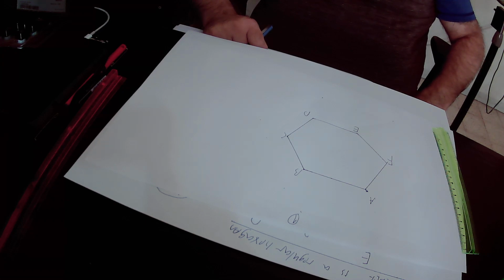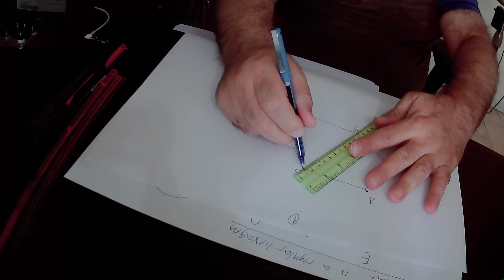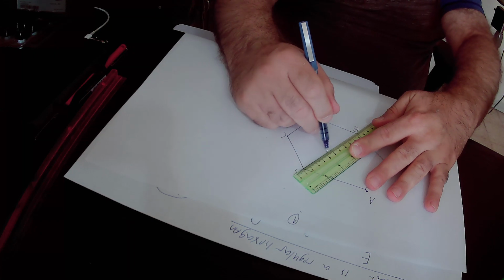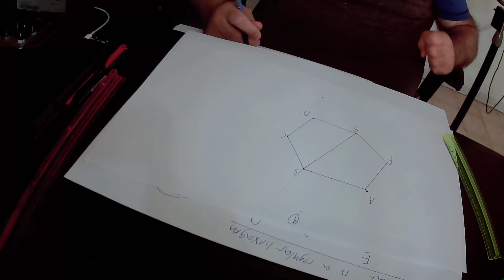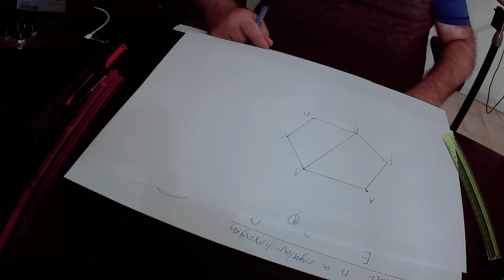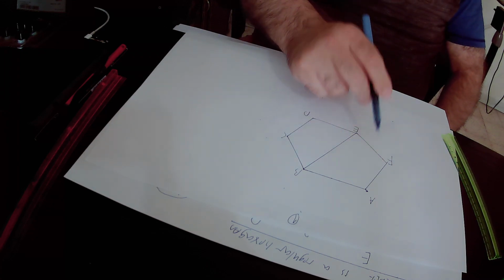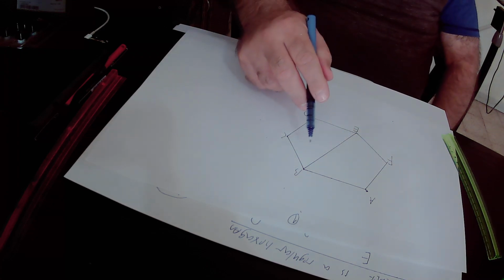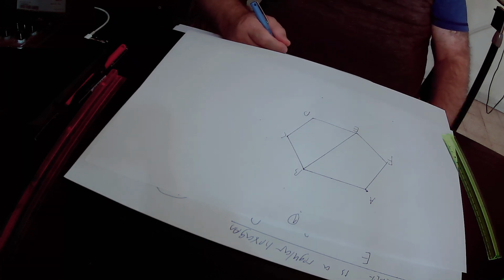In the next step, we will join points B and E together by a straight line. By joining points B and E, we created 2 quadrilaterals: quadrilateral A, B, E, F, and quadrilateral B, C, D, E. We know that the sum of the angles in any quadrilateral is equal to 360 degrees.